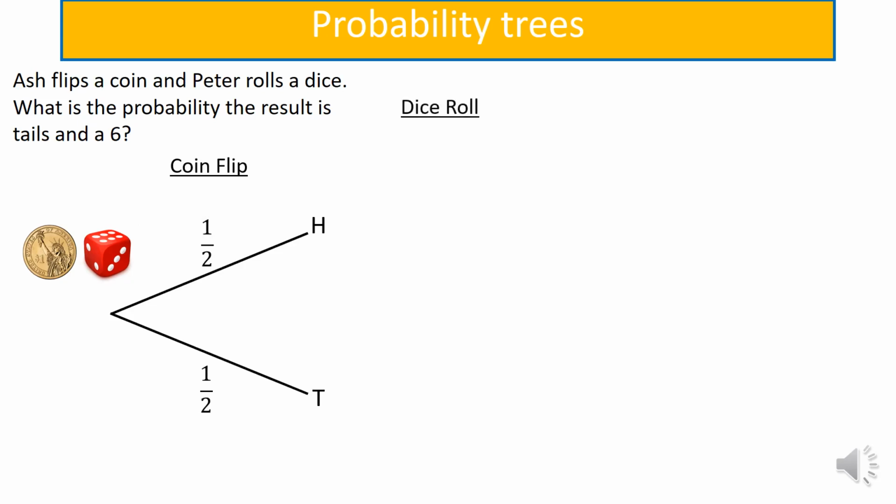Then we look at rolling a dice, and we want to focus on two types of outcomes. One of them is getting a 6, and the other one is getting the numbers from 1 to 5, because our question focuses on getting a 6.